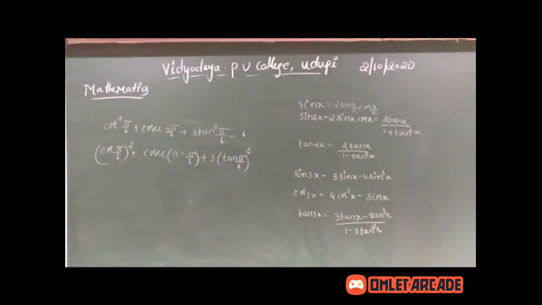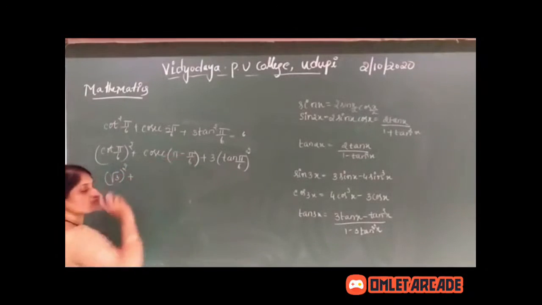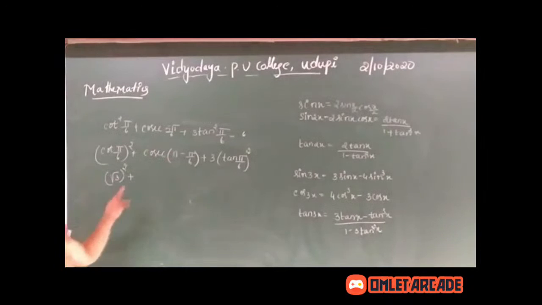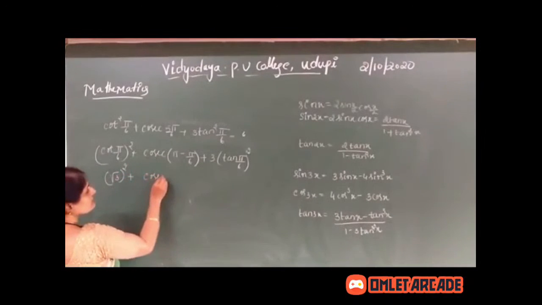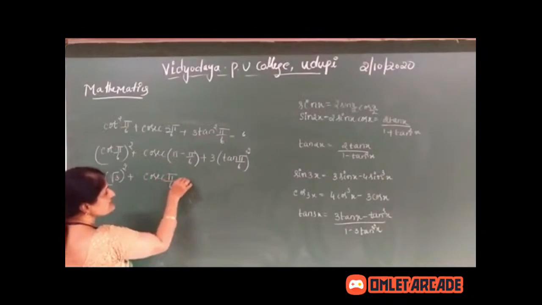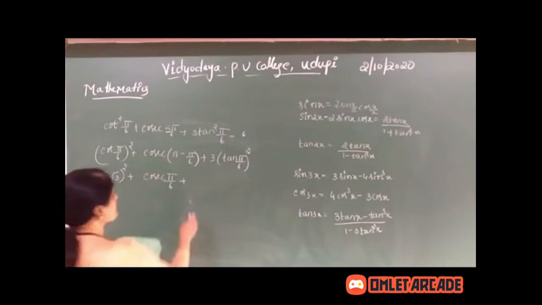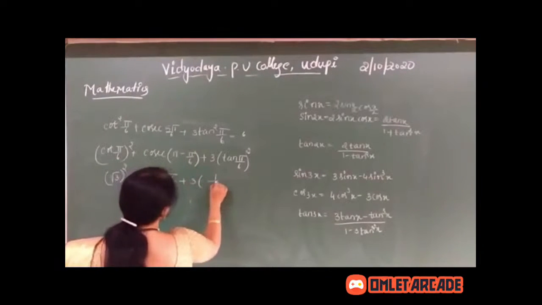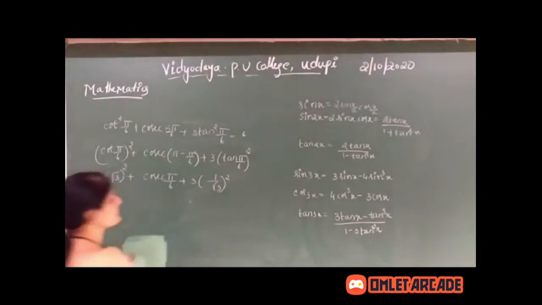This is 6. So now cot pi by 6, what is it? Root 3, isn't it? Cot 30 degrees is root 3, whole square, plus, now pi minus theta, that is 180 minus theta, lies in the second quadrant and we find that cosecant is positive. So here we get cosecant pi by 6 plus 3 times 1 by root 3 whole square.